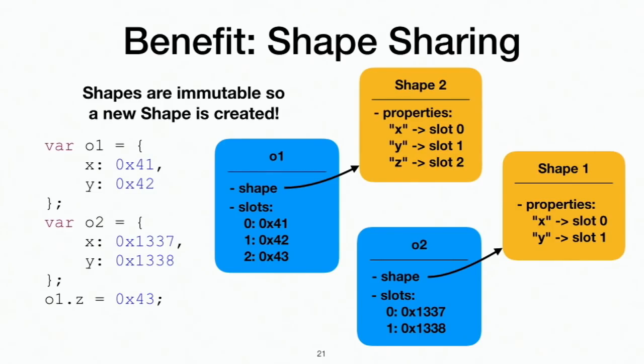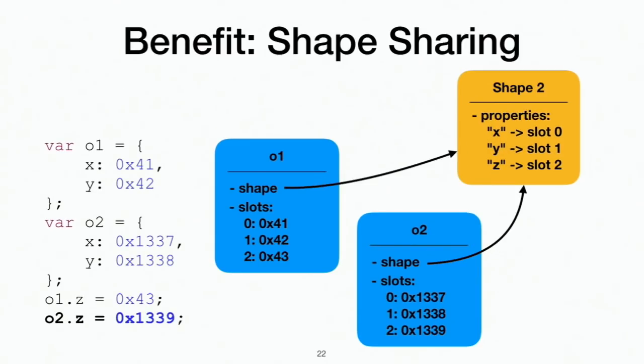The one important property here is that shapes are essentially immutable. That follows from the fact that they are shared. Then if we were to add this third property also to the second object, again they can share the shape. There are some clever mechanisms that make this work efficiently, but this is essentially how it works, or what happens.